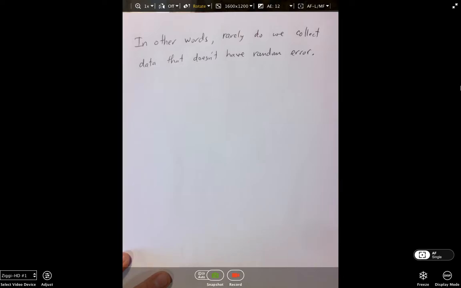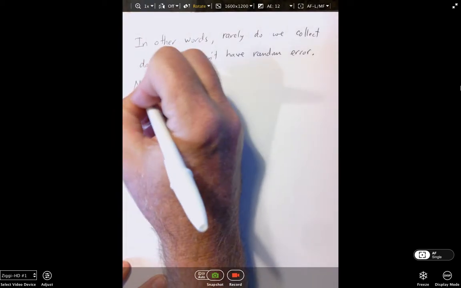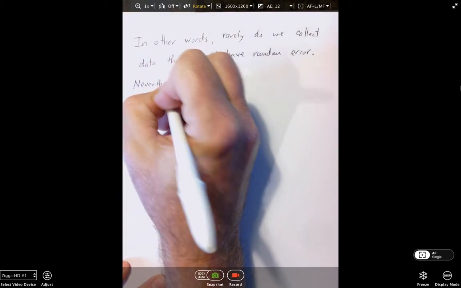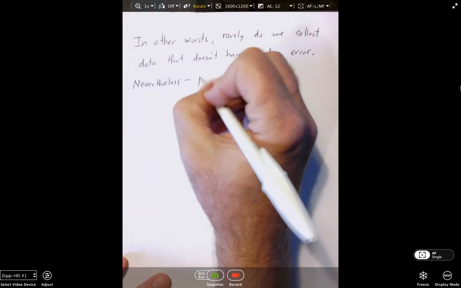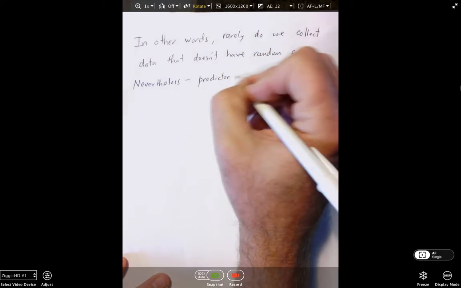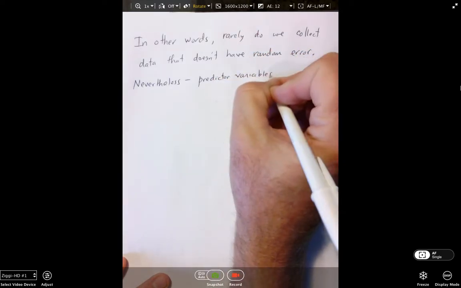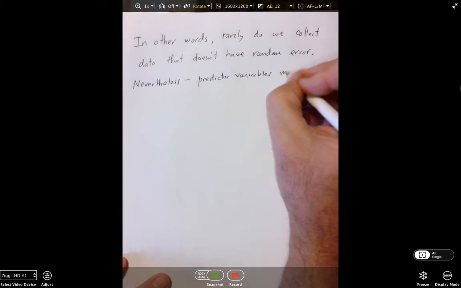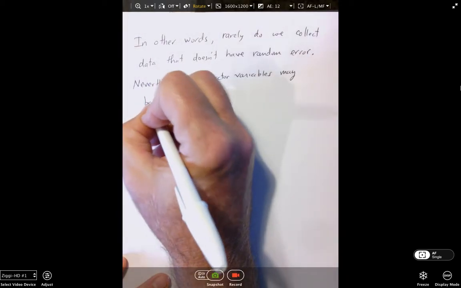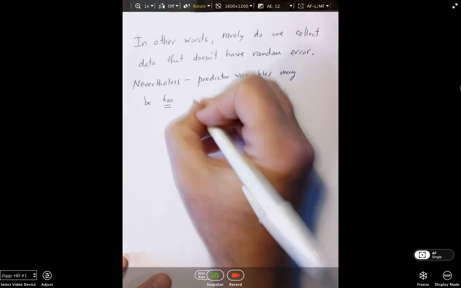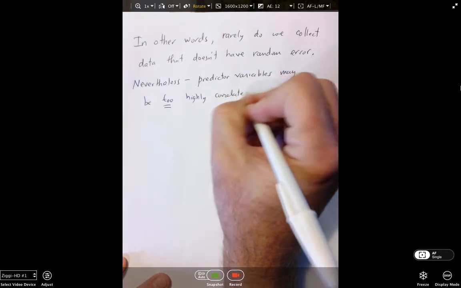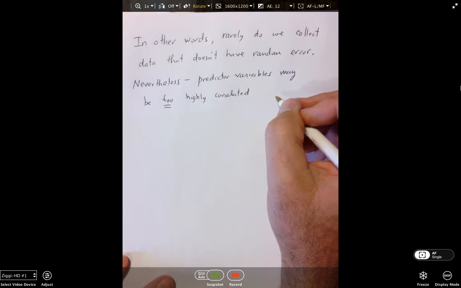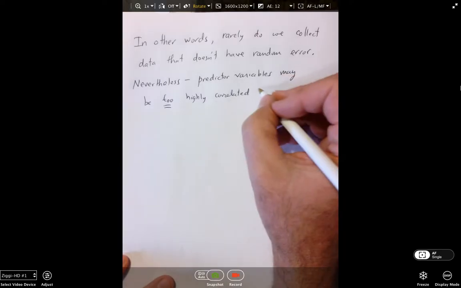That we don't have random error. Having said this, nevertheless, predictor variables may be too highly correlated. How do I say this?